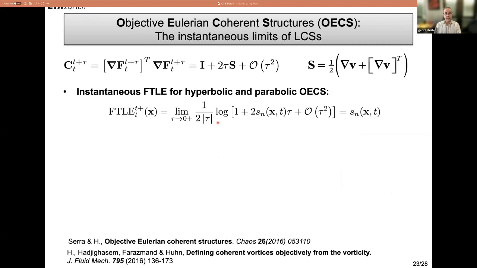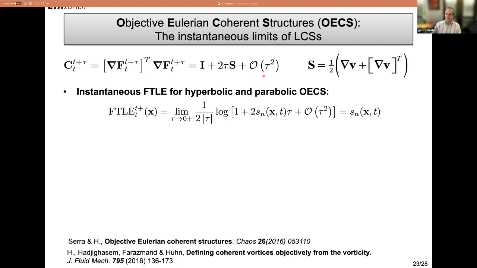So what are the instantaneous limits? The instantaneous limit of the Cauchy-Green strain tensor, when you start from t and go to t plus tau, you can do a very easy expansion of that. It's basically the identity plus 2 times that tiny time tau times the rate of strain tensor, which I've already mentioned, which is objective. That's good, right? So the idea is to deal with the leading order term, and take the limit of tau equals 0 whenever and whichever way it's convenient.